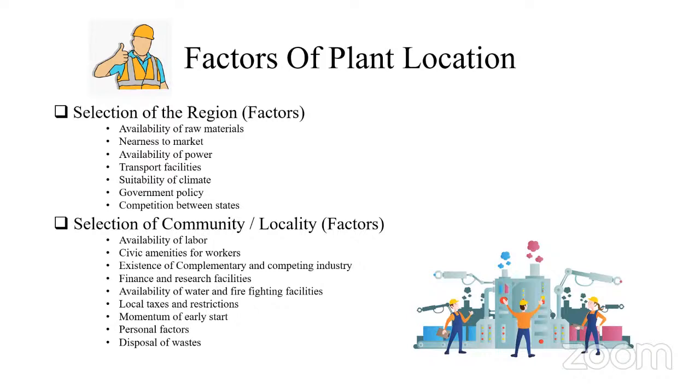Obviously, if we want to establish our business, we need manpower, we need labor to produce the product. Civic amenities for workers, existence of complementary and competing industry, finance and research facilities, availability of water and firefighting facilities, local taxes and restrictions, momentum of early start, personal factors, and disposal of waste.